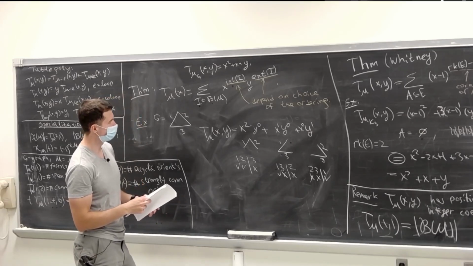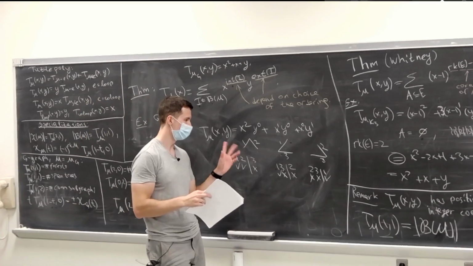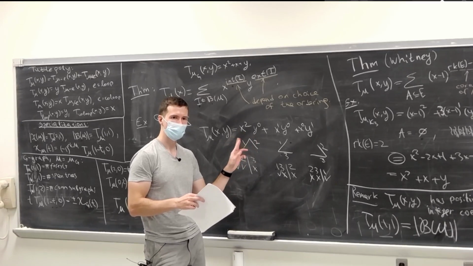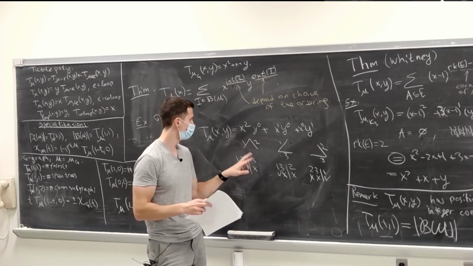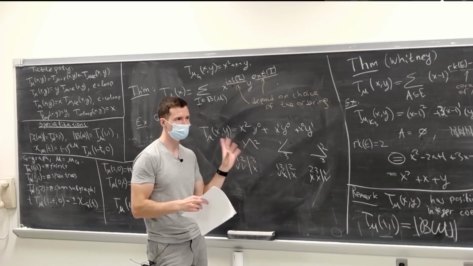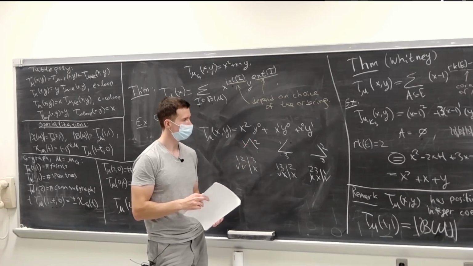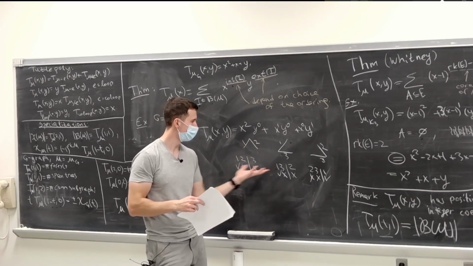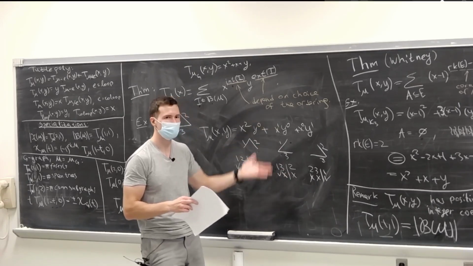I think there is a proof: any two orderings differ by some simple transposition. You can just change, instead of 1 and 2, replace them by 2, 1, and then you can check that. Whenever you have a simple transposition, there is some easy bijection that shows that this formula is the same.